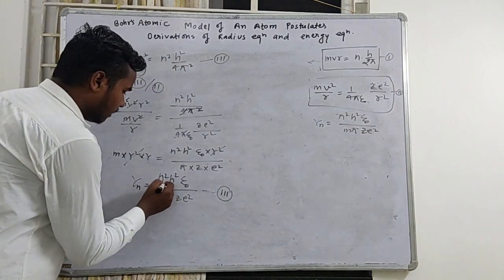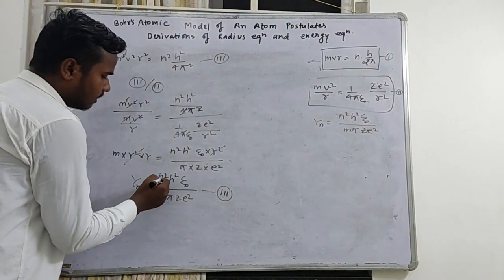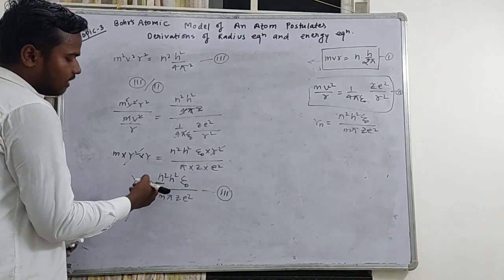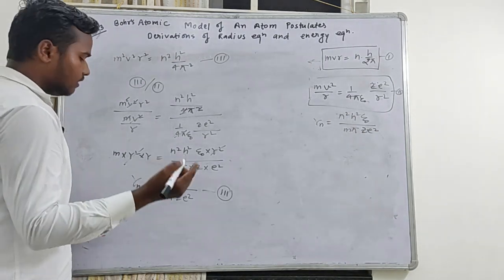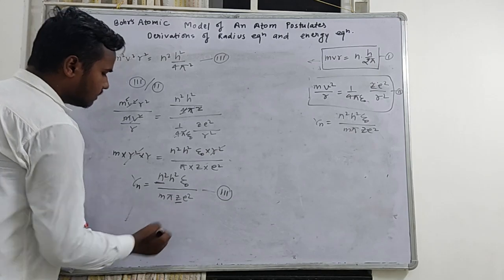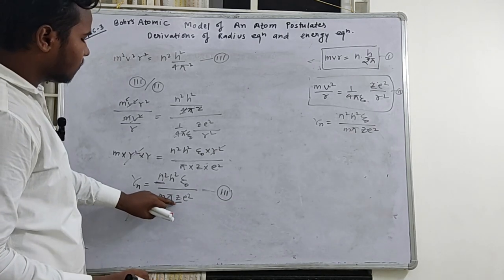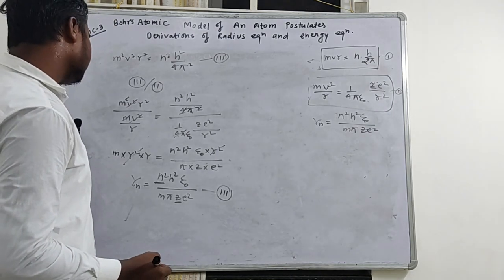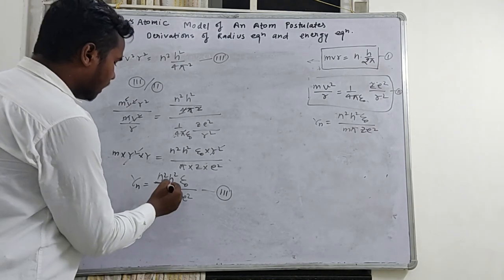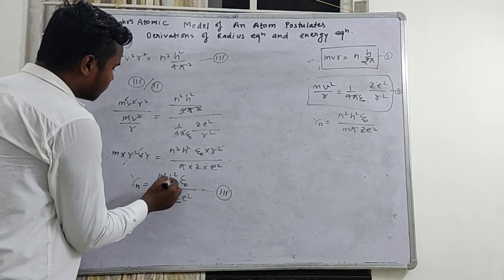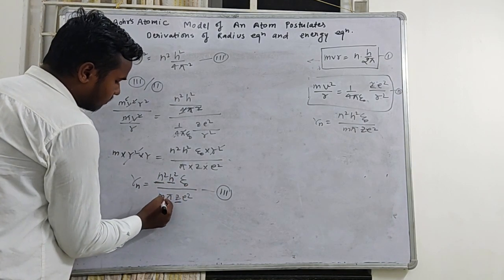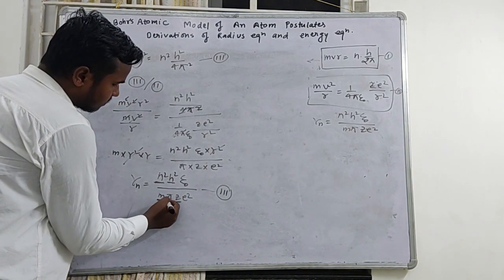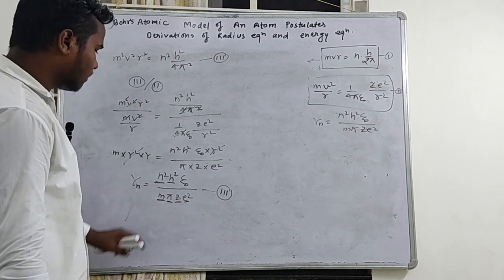So Rn is equal to n square h square epsilon naught divided by m pi z e square. Here n is the variable because n is the shell number and can be 1, 2, 3, and z is the atomic number of the H atom or H-like atoms, h is the Planck constant, m is the mass of the electron, pi is a constant, and e is the charge of the electron.